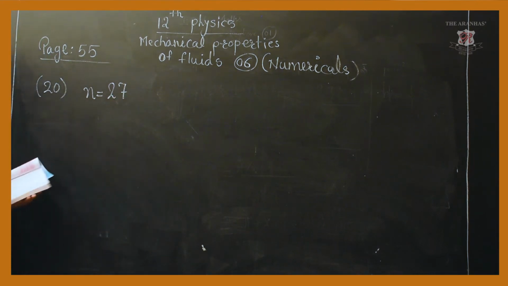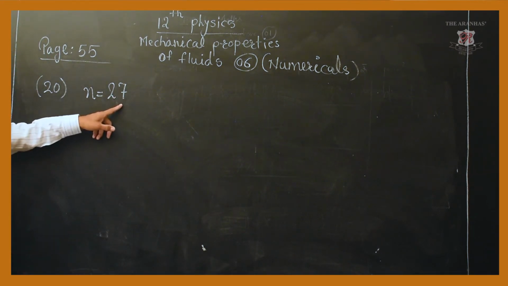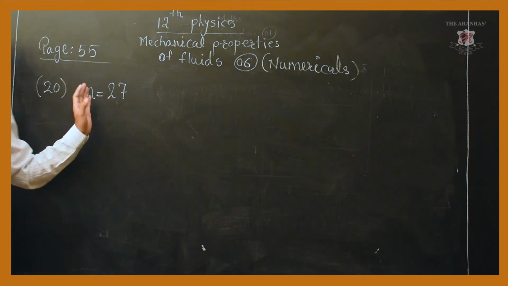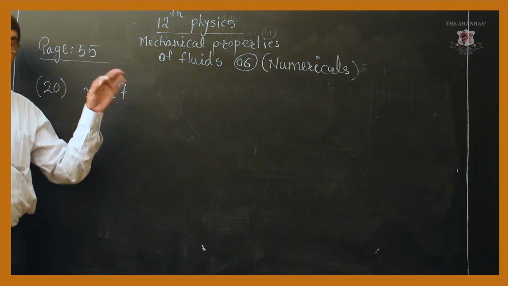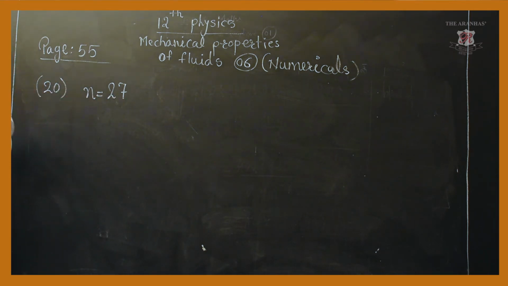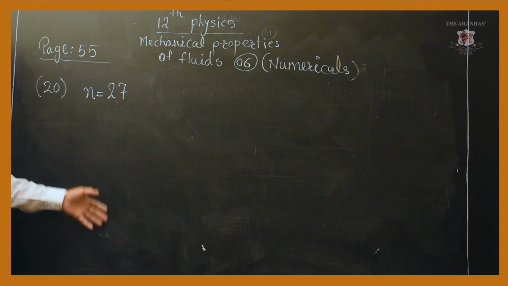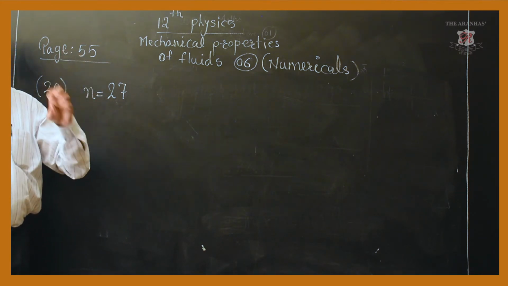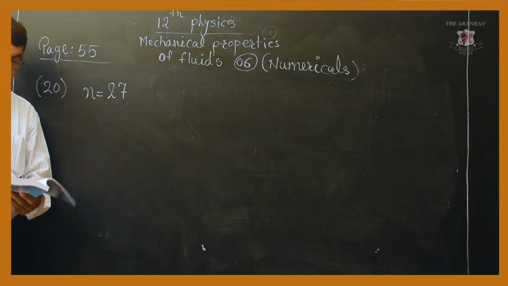This will generally be a perfect cube. Why, you will come to know later on. We can derive the final formula directly and then substitute, or we can do step-by-step calculations. That is what I would prefer for the first numerical. Step by step we will find out.